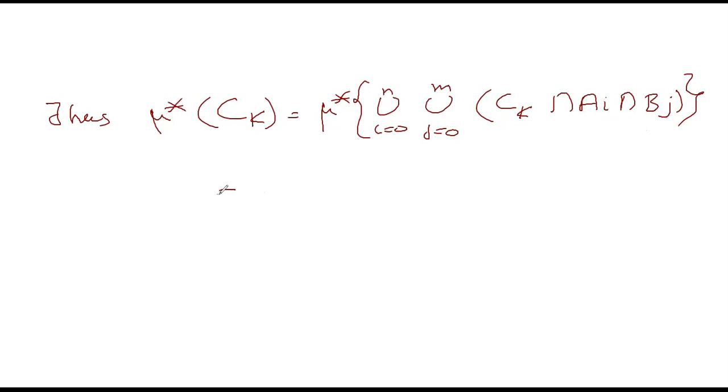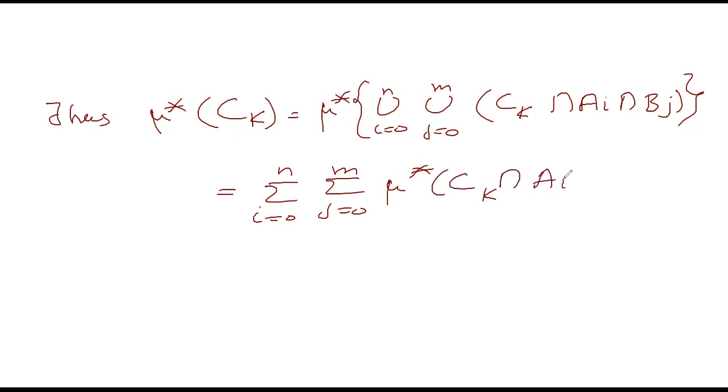So it's equal to the double summation i runs from 0 to n and j runs from 0 to m of mu star of Ck intersection Ai intersection Bj.